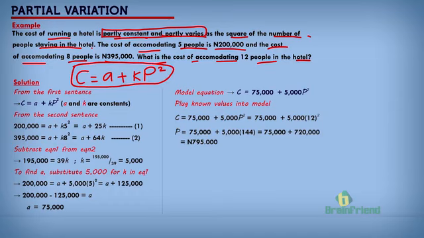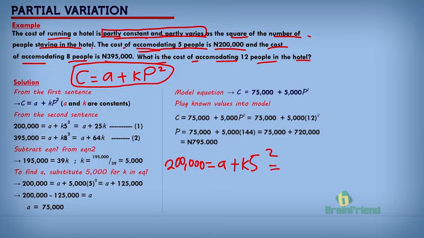From this sentence, we have some values given to us. Cost of accommodating 5 people is 200,000 naira. So P is 5. We have therefore C is the cost, 200,000, is equal to what? A is a constant plus K is another constant. They are both unknown. 5 people, we know that to be 5, and of course this is squared.